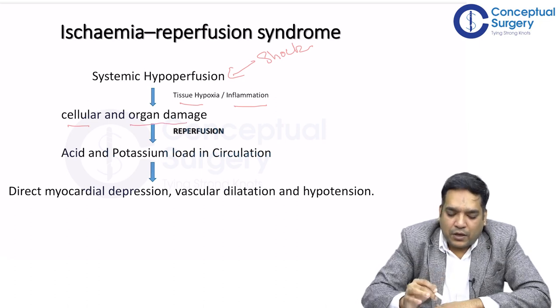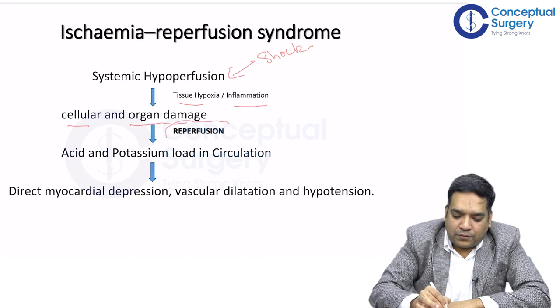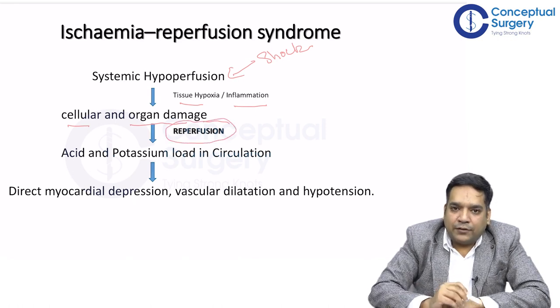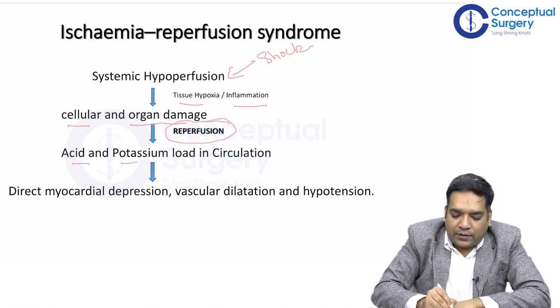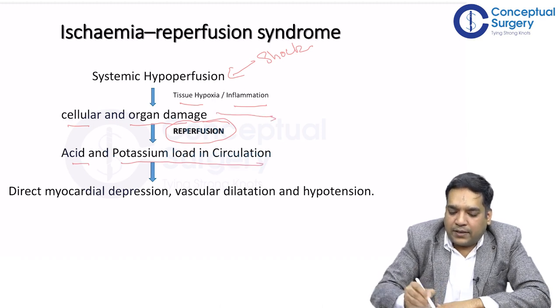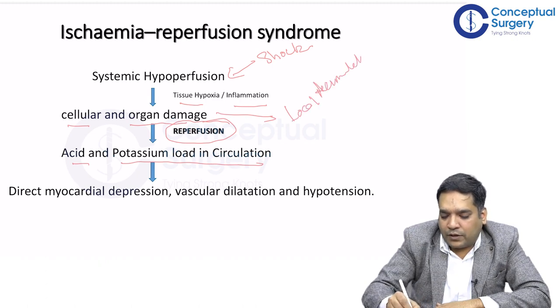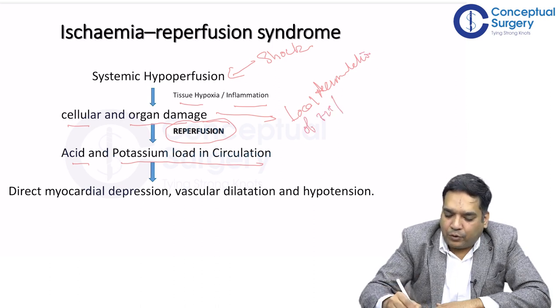This is very obvious. So, whenever this hypoxic tissue gets reperfused, this leads to an acid and potassium load in the circulation. Because of cellular and organ damage, there is a local accumulation of acid and potassium.